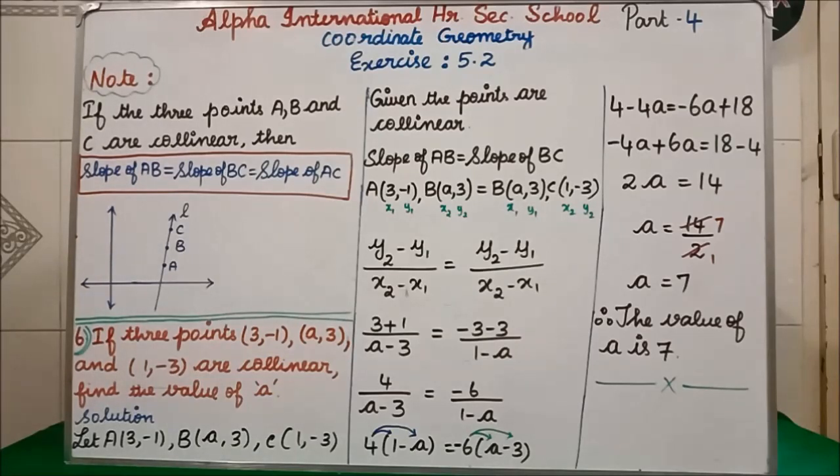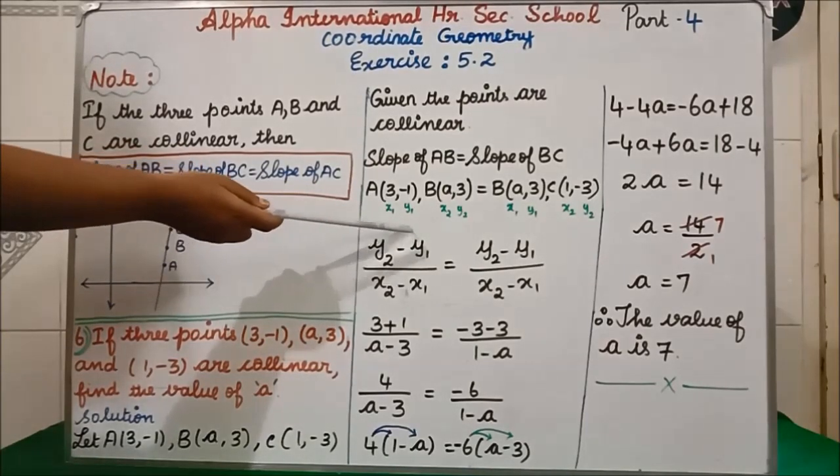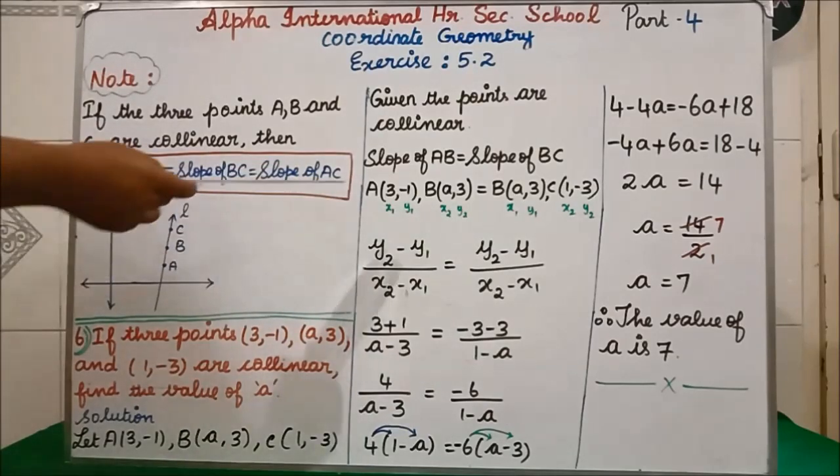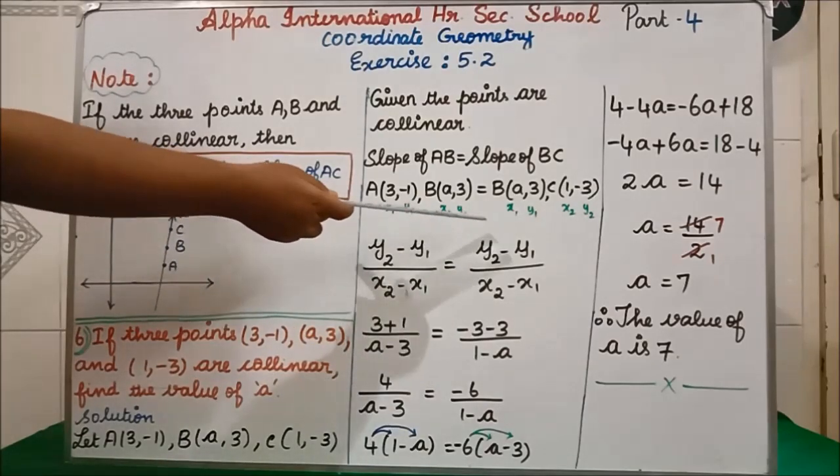If 2 points are given and they ask us to find the slope, the formula is y2 minus y1 divided by x2 minus x1. Clear? I have told you, in pencil below you have to write x1, y1, x2, y2. Clear? This first one is x1, y1, and this is x2, y2.